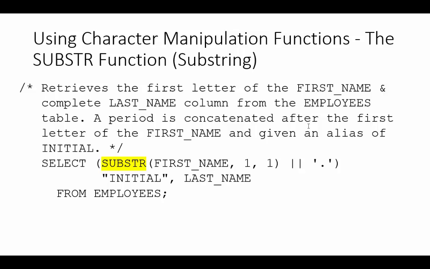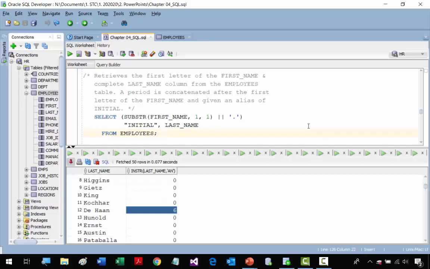Now we go to the SUBSTR function, and the substring function pulls characters, or a set of characters, a small string, from a string or column. So here we're going to go to the first name, and we're going to use the substring function, we're going to start at position 1, and we're going to get just one character.